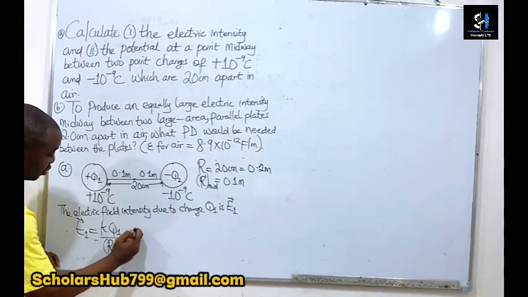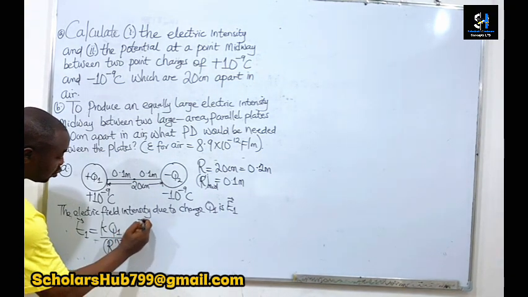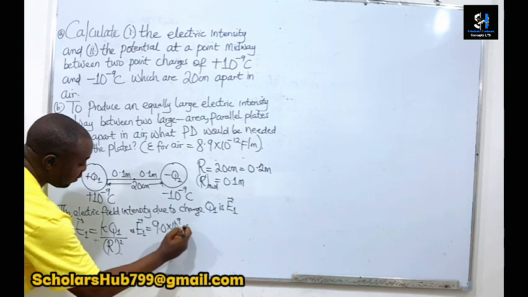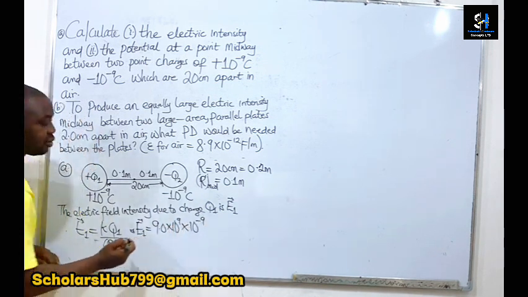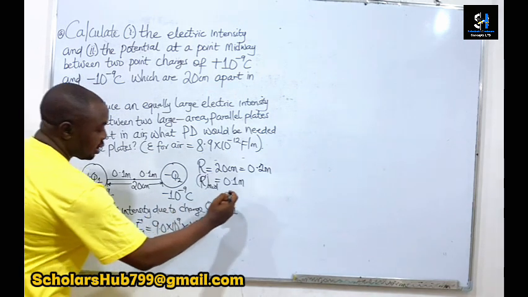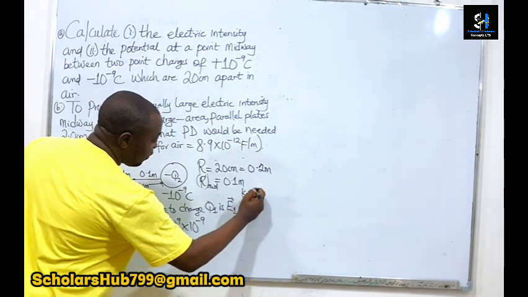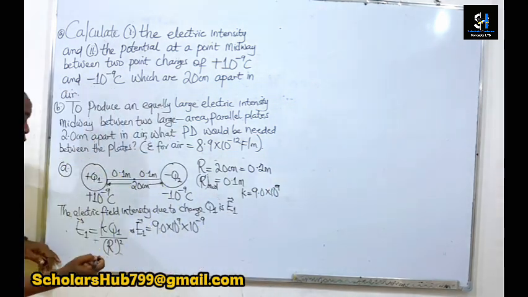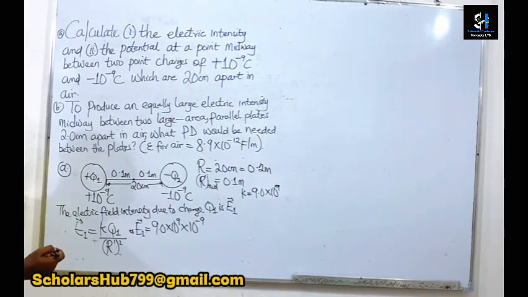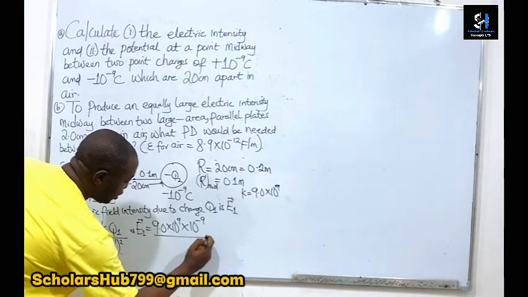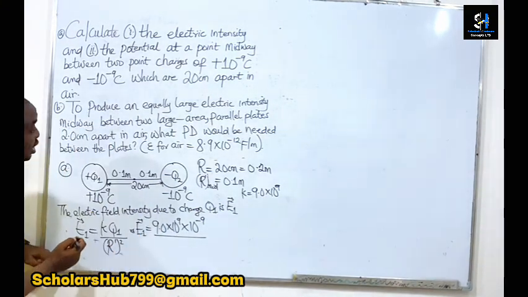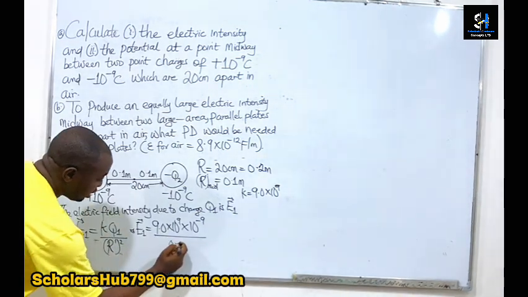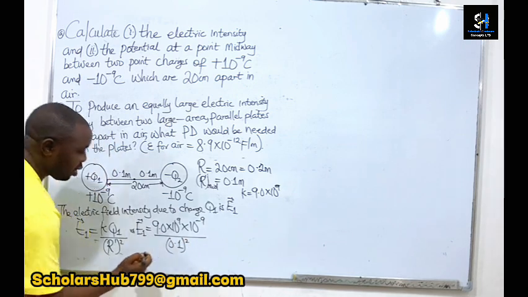So E1 equals 9.0 times 10 to the power of 9 multiplied by 10 to the power of minus 9, because the value of K is 9.0 times 10 to the power of 9, divided by 0.1 squared.